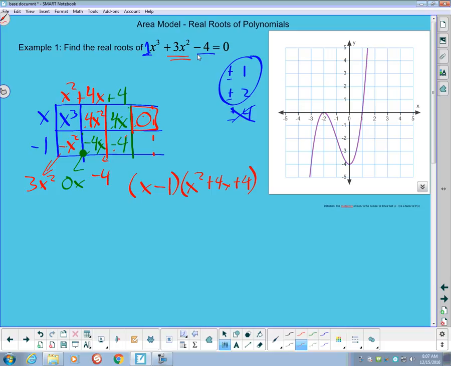We want to try to break it into linear pieces if we can. And so here we've got the x squared plus 4x plus 4, and we're going to try to break that one down. Everything seems to indicate that an x plus 2 is going to make that happen by what we see in the graph.